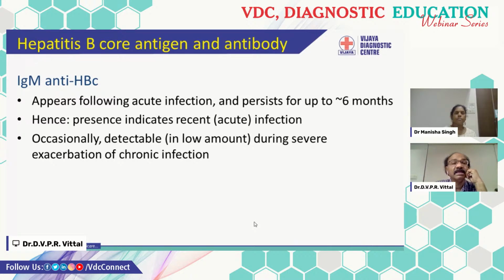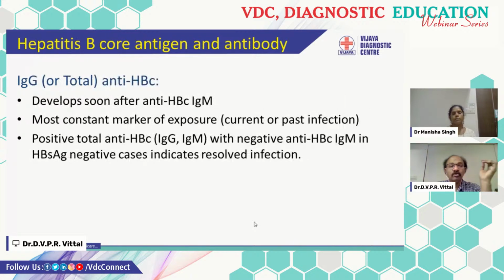The IgM antibody which is present indicates recent or acute infection. In case of chronically infected patients, when there is an acute exacerbation of the infection, a low titer of this particular antibody may be detected, and at that time the clinical symptoms will give the diagnosis of either acute infection or chronic infection.